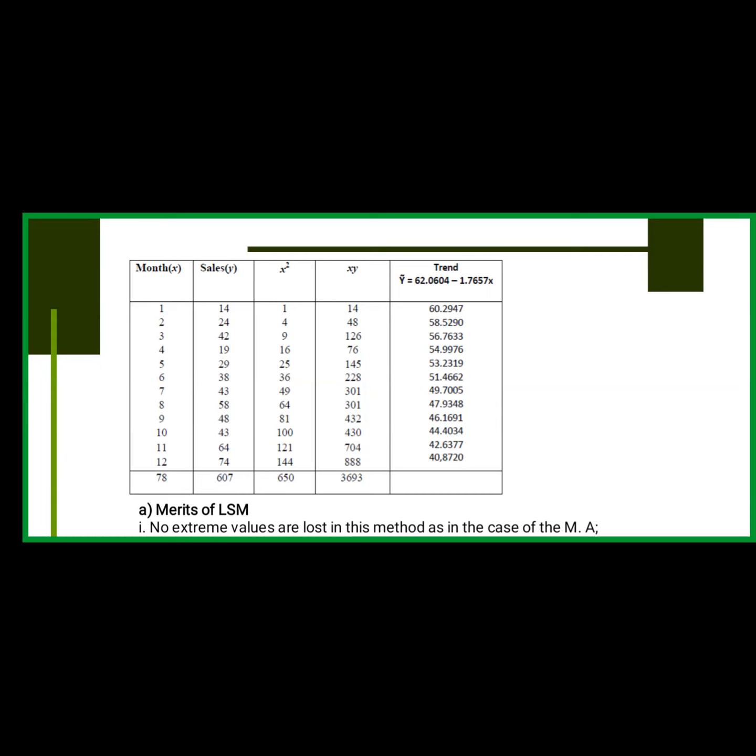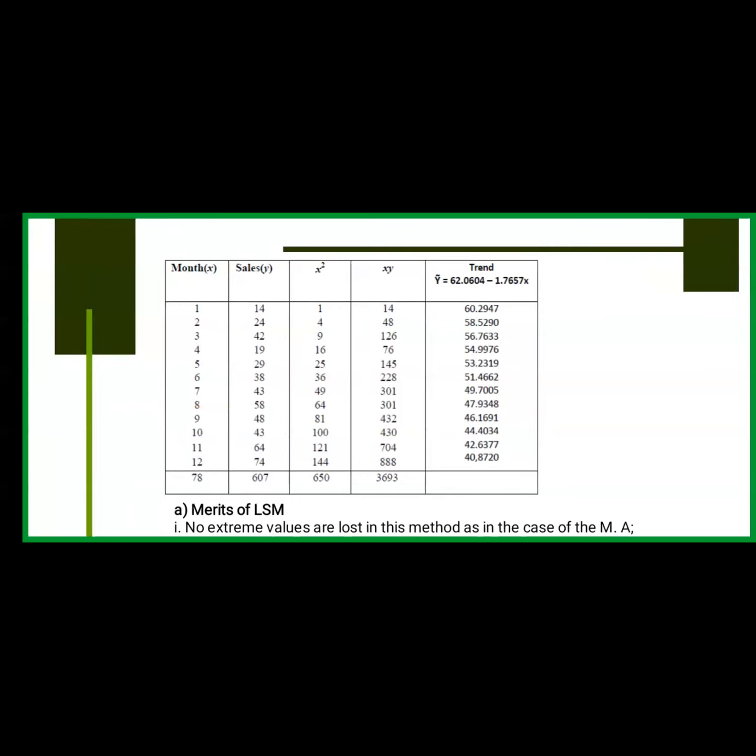What did you do? 62.0604 minus 1.7657 in brackets 12. I plus it. It's minus. 40.872.